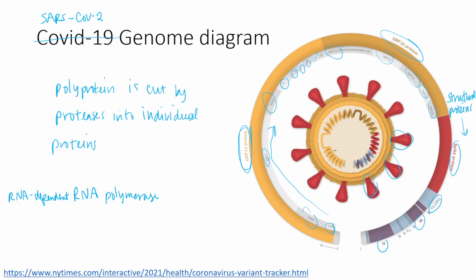Part of the genome codes for this RNA polymerase. Once the virus enters your cells, it uses your ribosomes to translate that polymerase. And then once your cells made the polymerase, that polymerase is going to go find the viral RNA and replicate the viral RNA. And the more it gets replicated, the more it gets translated, the more it can replicate until your cell bursts.